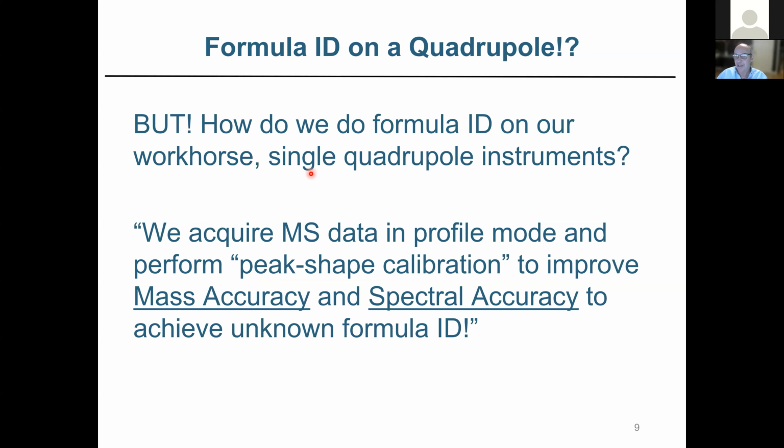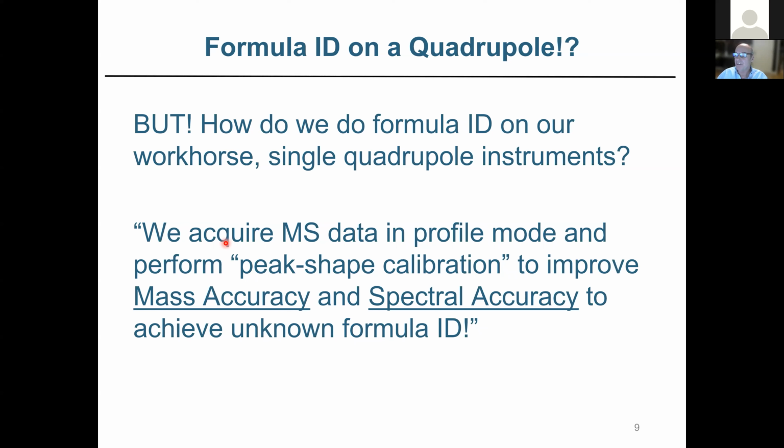So how do we do that? It actually turns out it's pretty readily done. This is where Cerno got its start about 15 years ago, introducing this technology. The basic premise is that we first acquire the mass spec data in profile mode, and then we perform what we call a peak shape calibration. And we'll talk about this as I move along.